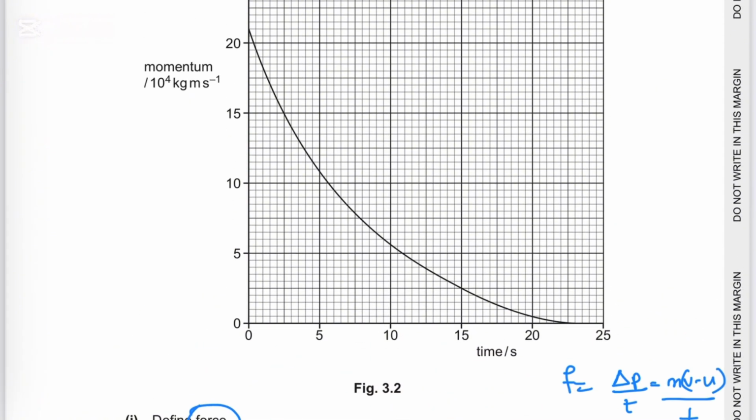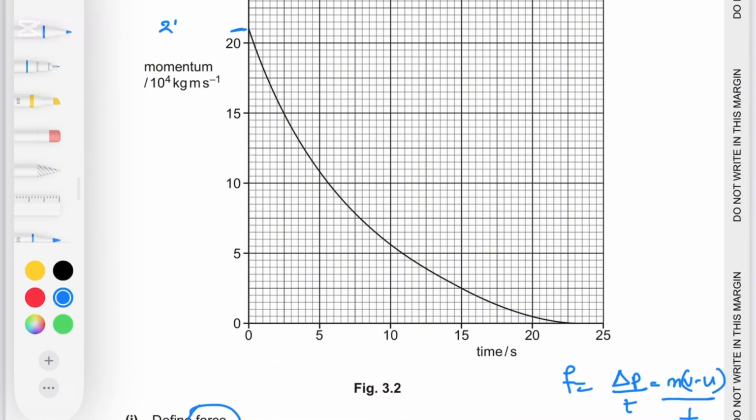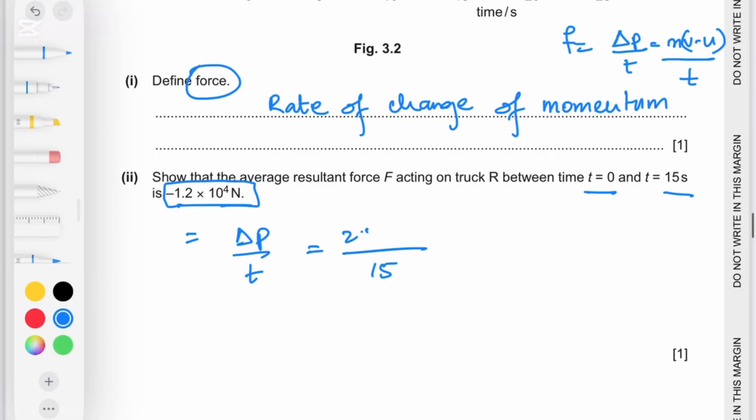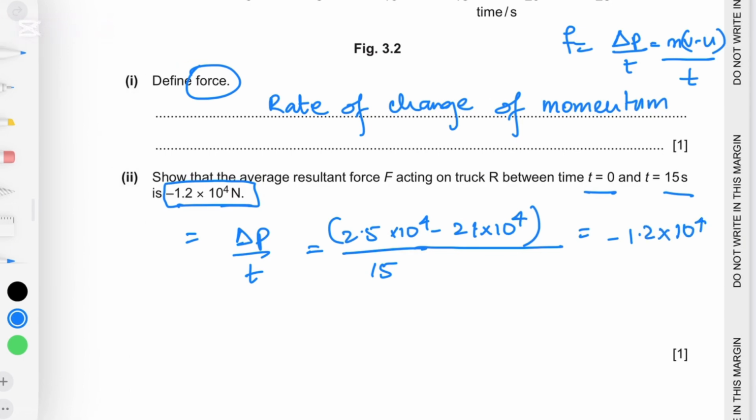Initially you start out with 21 times 10 raised to 4 kilogram meters per second, and after a period of 15 seconds, that is equal to 2.5 times 10 raised to 4. So this would be equal to the figure provided in the question.